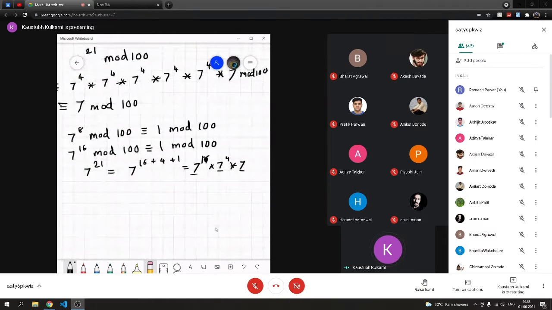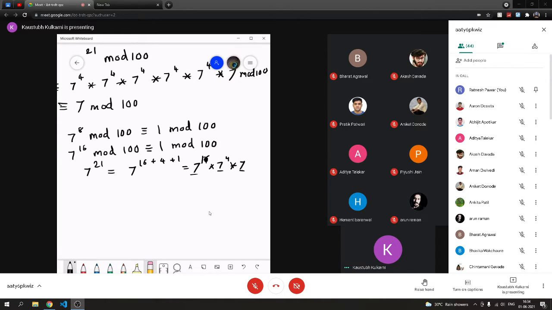So this was Euler's theorem and its application. All this that we are studying are topics of elementary number theory. Modular arithmetic and all these theorems and whatever we have studied comes under elementary number theory.